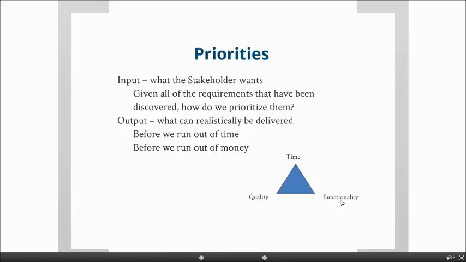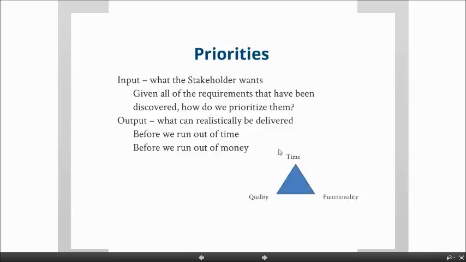If the customer says, listen, I want all the functionality and I want it to be just out of this world quality, I own the time, and I can tell you that's going to take a long time. And the customer says, I don't have but 6 months to produce this, and you're telling me it's going to take 18 months. Well, you can reduce your quality or you can reduce your functionality, Mr. Customer, and that's how you can get this back into the time constraints.